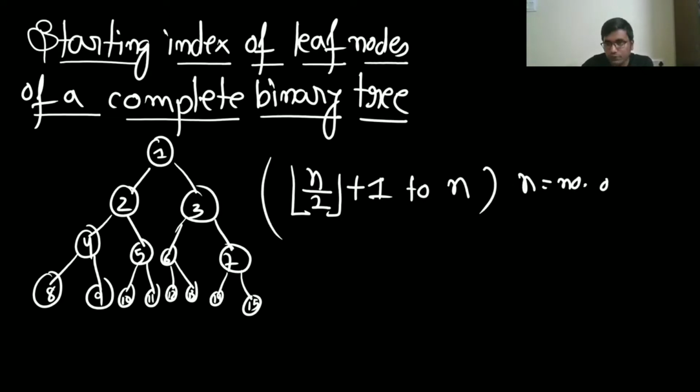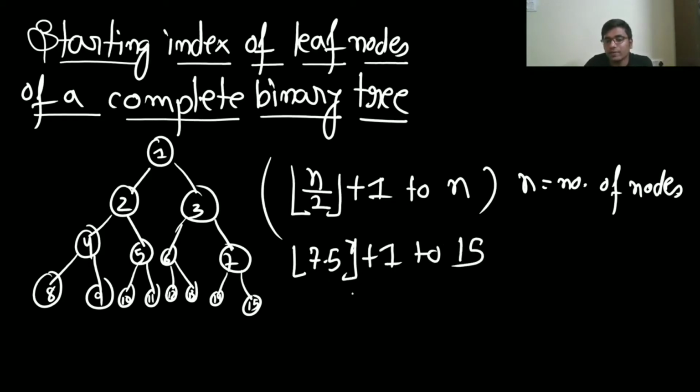Your total number of nodes is 15. 15 by 2 is 7.5, and the floor of 7.5 is 7. 7 plus 1 is 8, so the leaves run from 8 to 15: 8, 9, 10, 11, 12, 13, 14, 15.